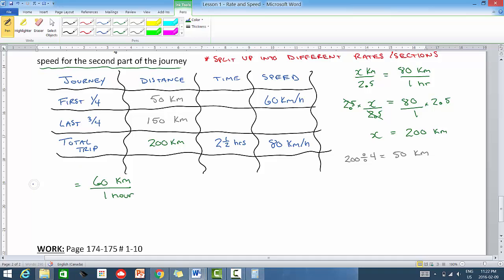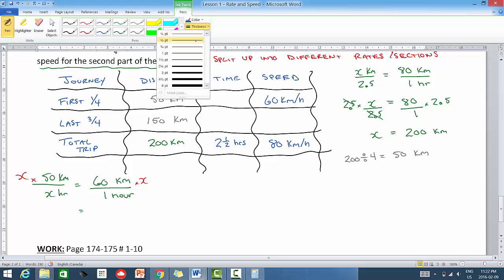We've gone 50 kilometers in X hours. This is an interesting one too, because X is on the bottom. If you remember from last unit, our answer requires us to get X on top. So to do that, we would be multiplying by X on either side.